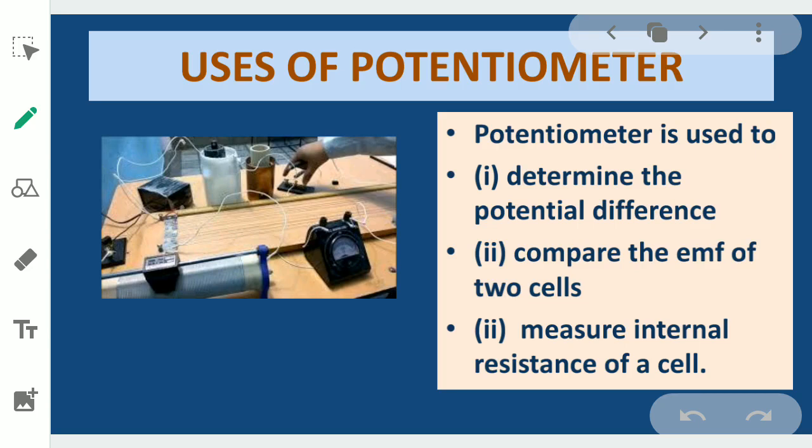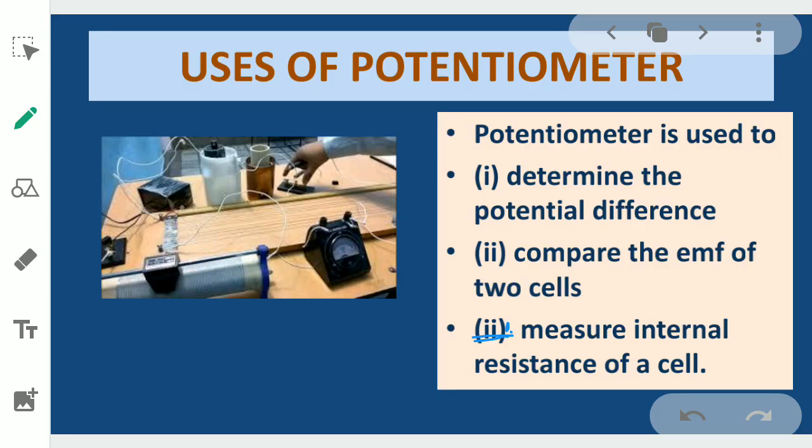The main use of the potentiometer is to determine the potential difference. Second application is to compare the electromotive force of two cells, and this is the third one, to measure the internal resistance of a cell.